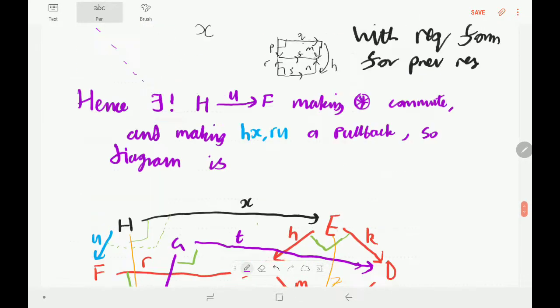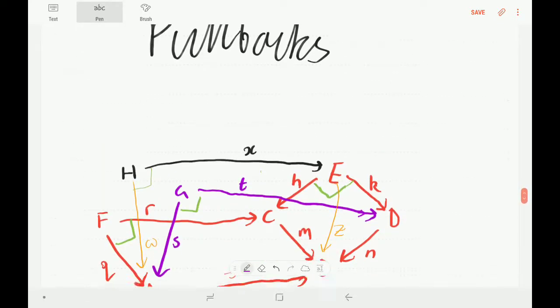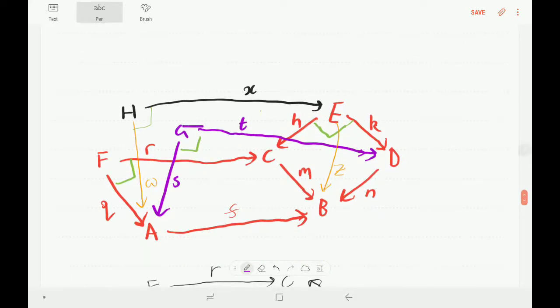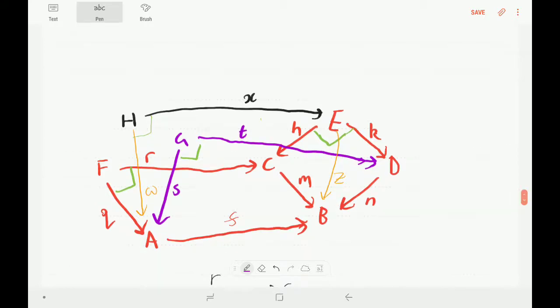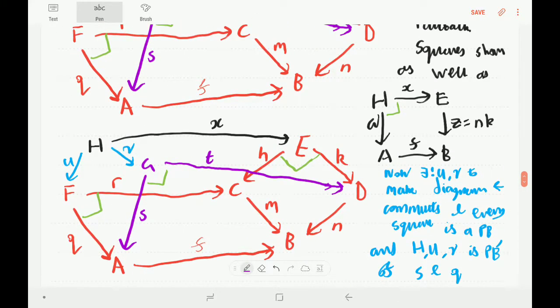Anyway, let's get back to how to prove this result. This is what we start with, where we know that Z equals NK equals MH. Firstly, we want to get U up here.